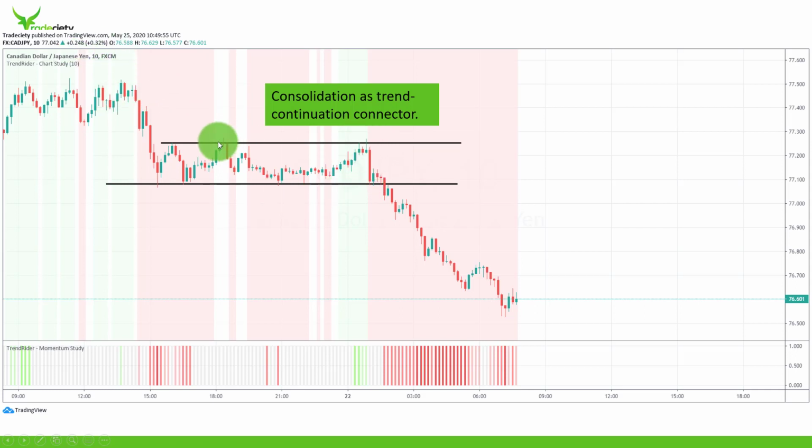We have a fake out here, very small candles, not really bullish convincingly. Then we have a lower bounce. After the strong bearish candle, the market tried to pull away, did not succeed, and then shortly afterwards we have the breakout. Together with the momentum study, we have everything going for us, and then the market sold off.